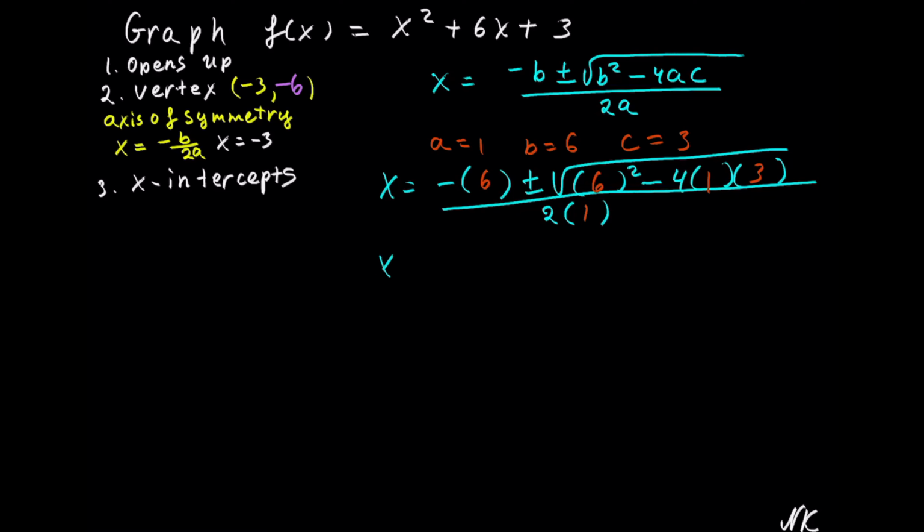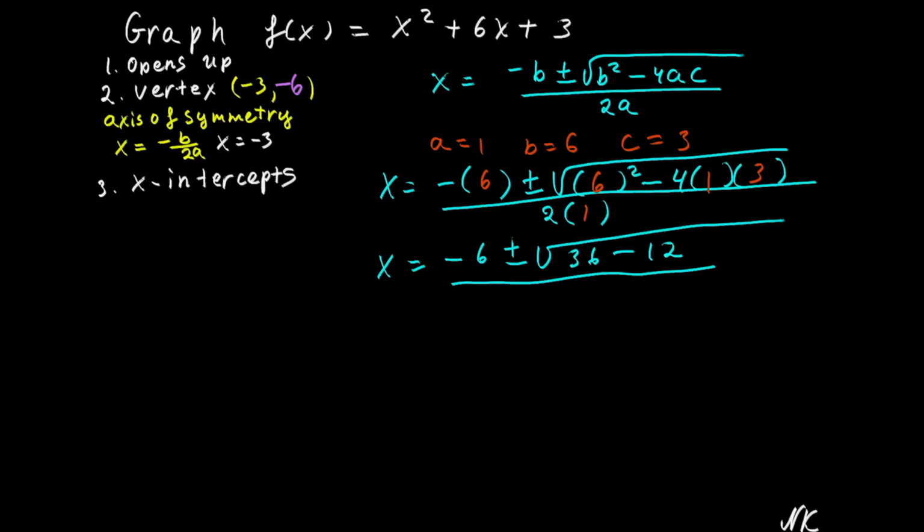So we get x is equal to negative 6 plus or minus the square root of 6 squared, which is 36, minus 4 times 1 times 3, which is 12, over 2 times 1, which is 2. This gives us x is equal to negative 6 plus or minus the square root of 36 minus 12, which is 24, over 2.